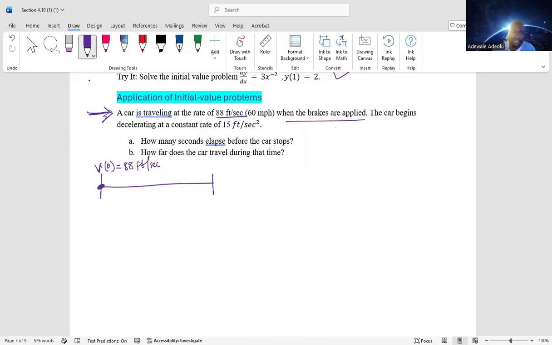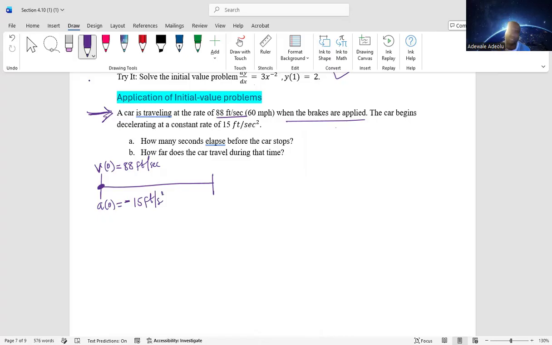So it starts to decelerate, which means the deceleration here is negative 15 feet per second squared. And remember, that continues throughout the entire journey because it's a constant deceleration.